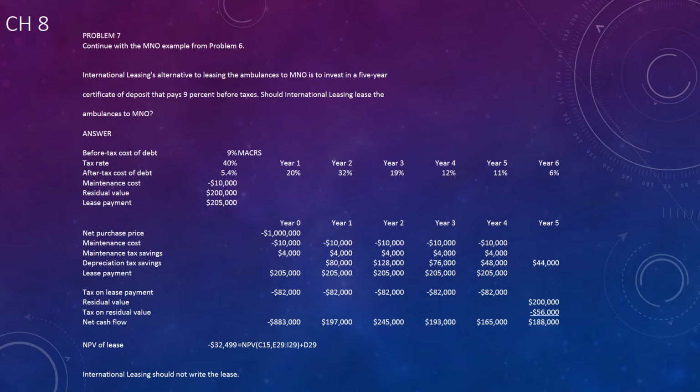Don't write the lease. The terms aren't favorable. So what would International Leasing have to do? They would have to come back in and increase the lease payment to M&O in order to find that place where they're actually more favorable at leasing than they are reinvesting their money somewhere else.